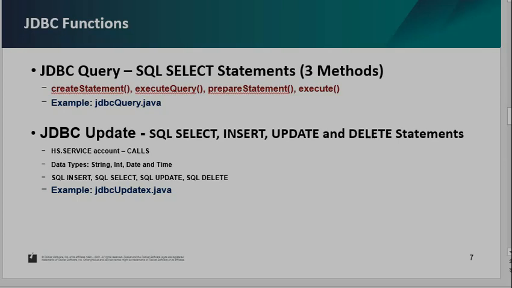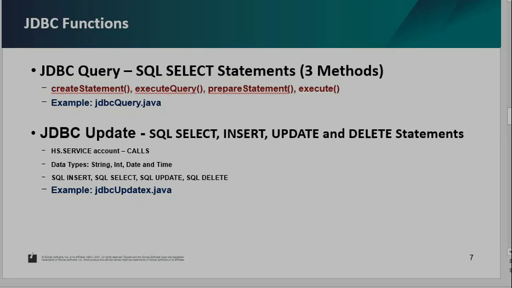That includes the SQL query, how you can use it in a create statement or prepare statement and execute, and you get the result set back. The second is just using update, because I want more variety to get the different data types regarding the update.